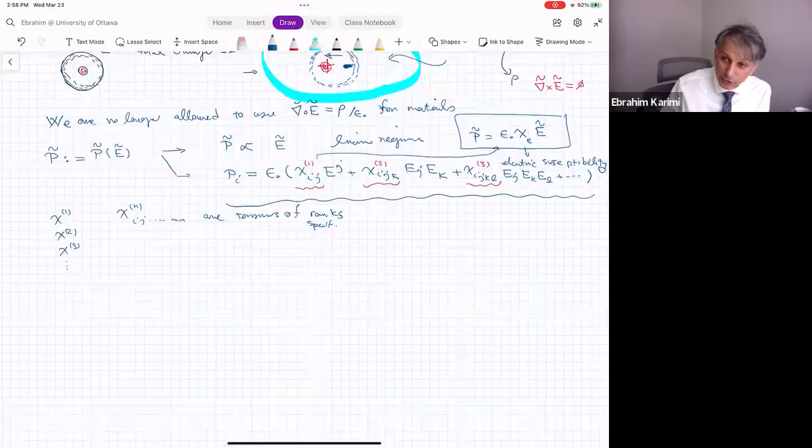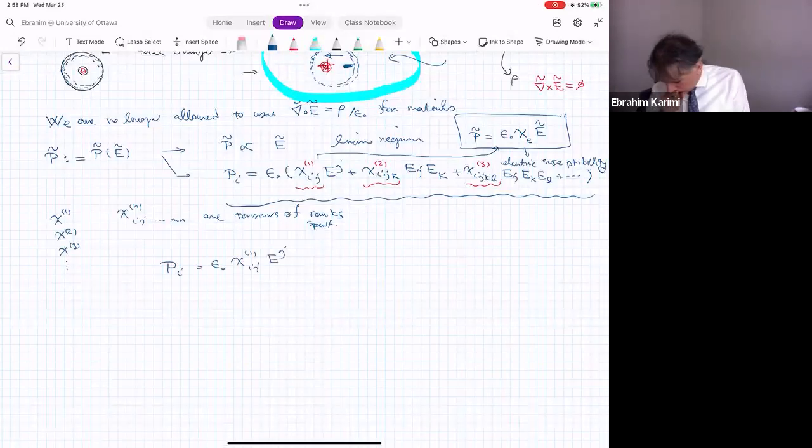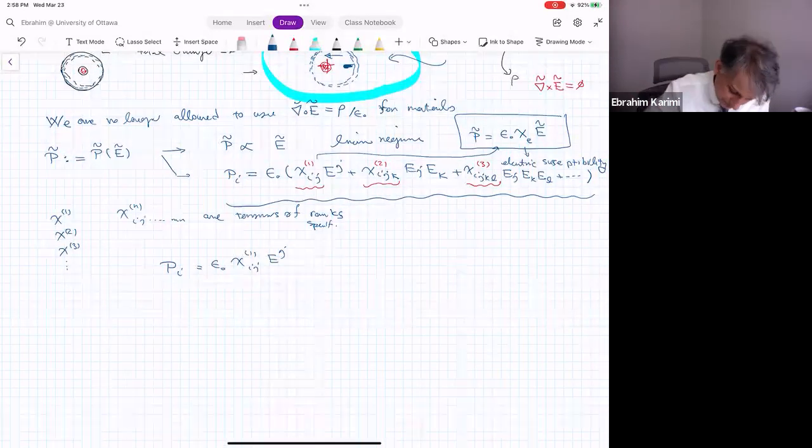So let's assume the first approximation, which means that within the first approximation, Pi is given by epsilon 0 chi1 of ij, ej. Excuse me. So let's follow Melika's question. Melika asked, what is happening with the chi's for different materials?